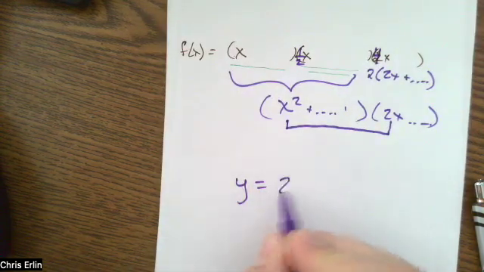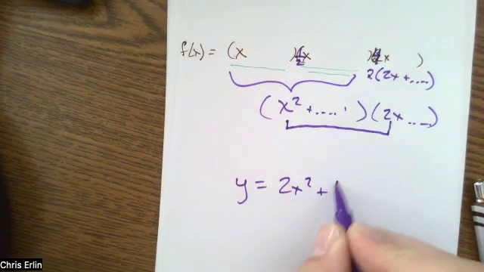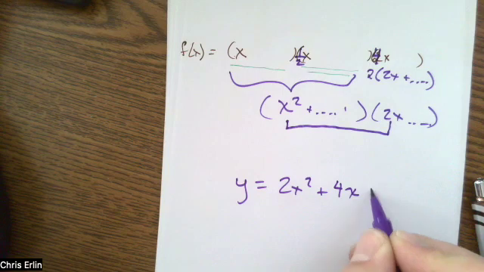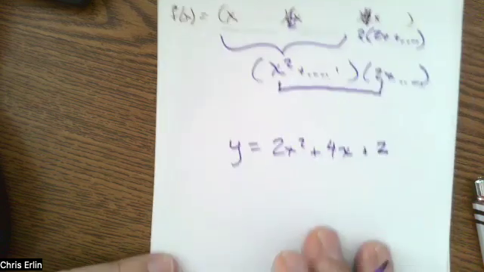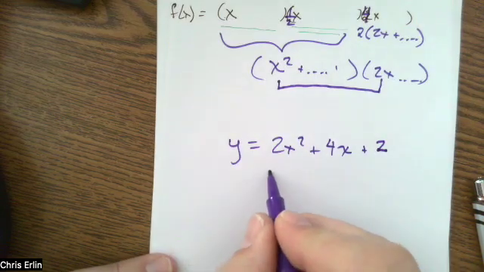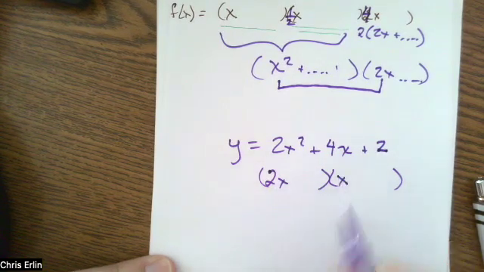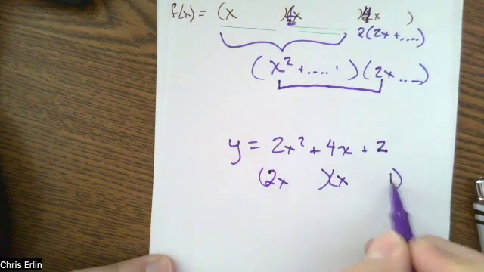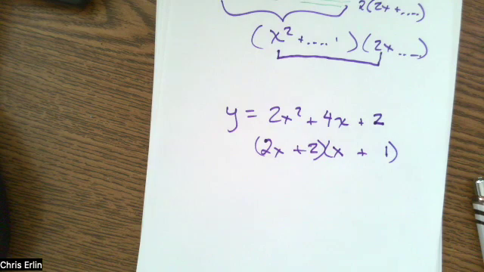Let's say that I had something like 2x squared plus 4x plus 2. This might work out pretty easily. So I could treat this as 2x and x, and then I could recognize this is a 1 and this is a 2. And this would be a valid factorization of this, agreed?